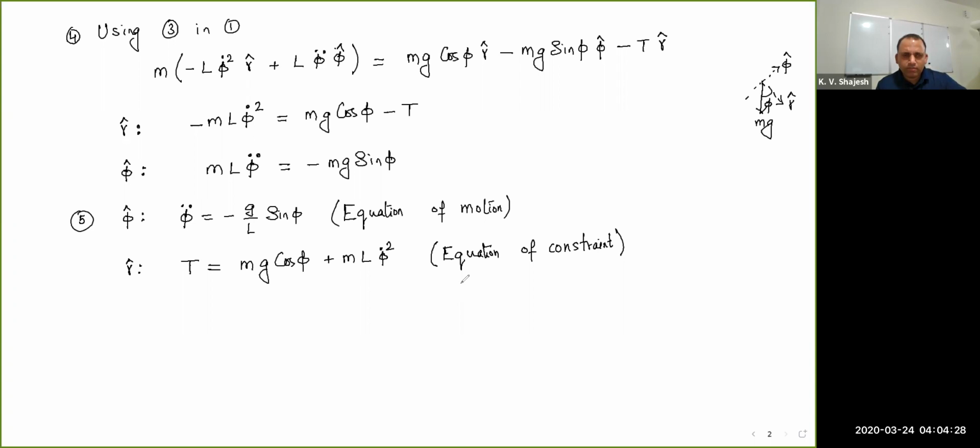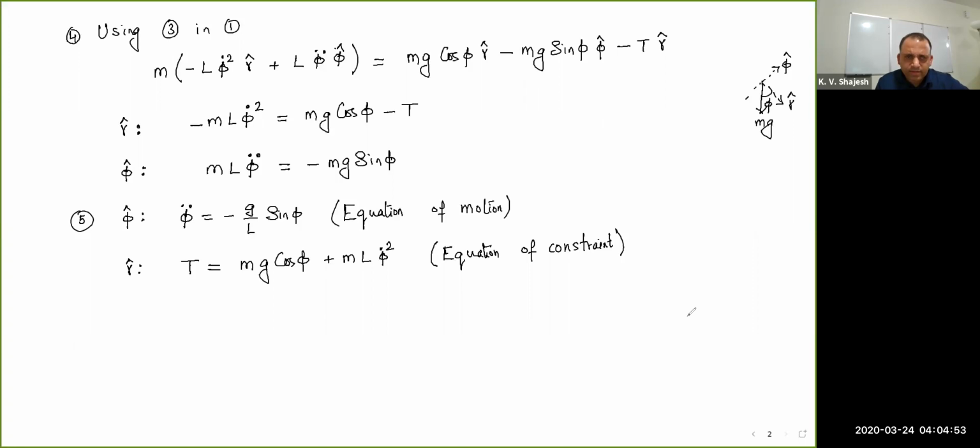And that's where the idea of Lagrange multipliers comes in, and we will try to point out how we can decipher this force of tension out of the Lagrangian formalism.